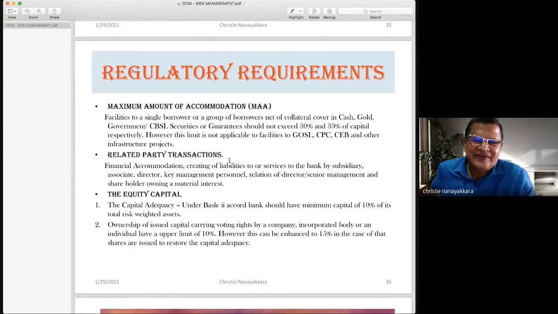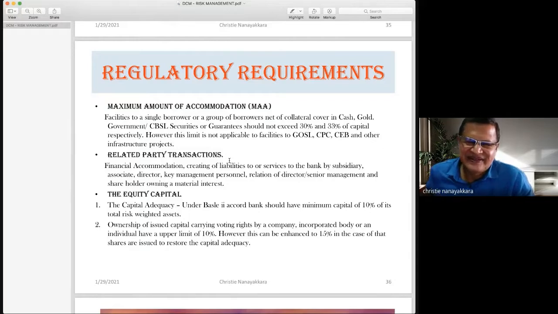Then on the liability side, we looked at current liabilities, that is your customer deposits, then long-term liabilities, which are your debentures, then equity. Equity is the bank's capital. What the central bank says is you should not give a single customer more than 30% of your capital. If it is a group of companies or group of customers asking for a single facility, you should not exceed 33%.